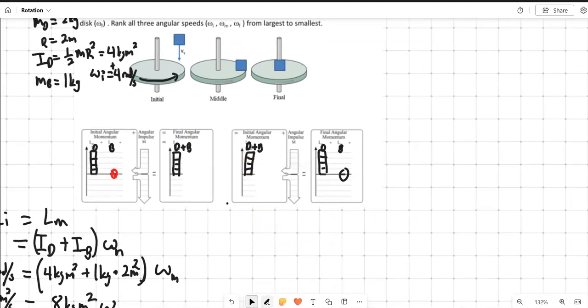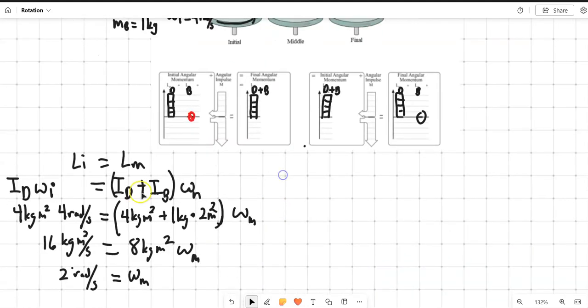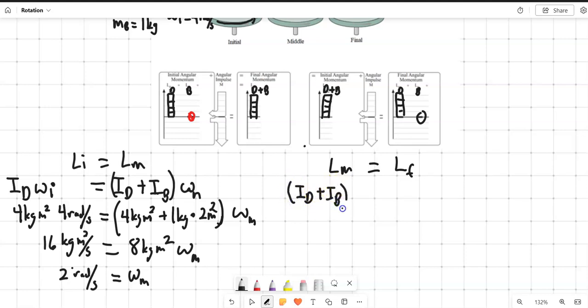So here we have the disk and the block spinning. Okay, and we already know that total moment of inertia right there. So we have the angular momentum of this, and this is going to be equal to the angular momentum final. That angular momentum right here is the same as in this case. That's going to be the moment of inertia of the disk plus the moment of inertia of the block times omega middle, right?